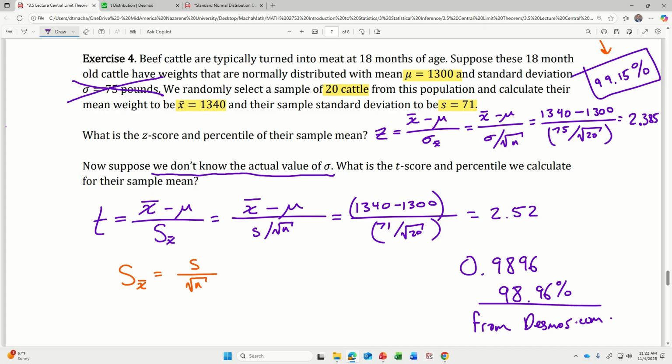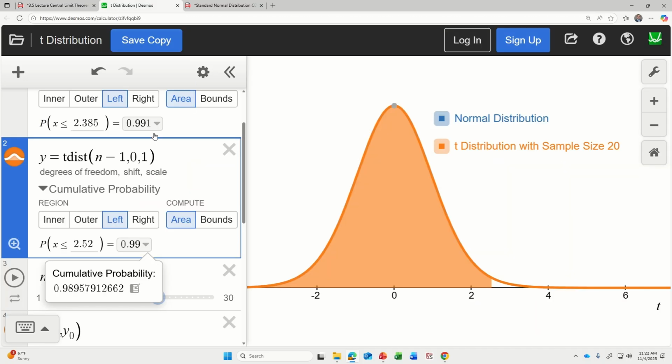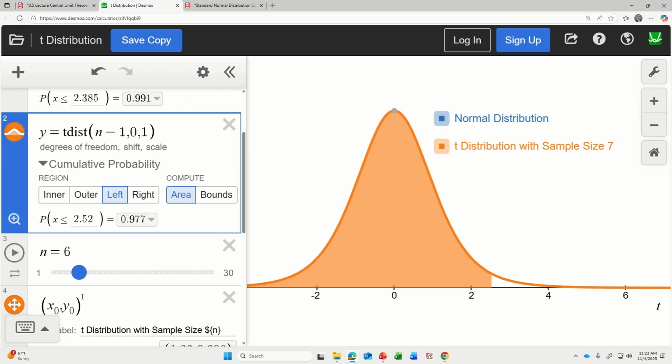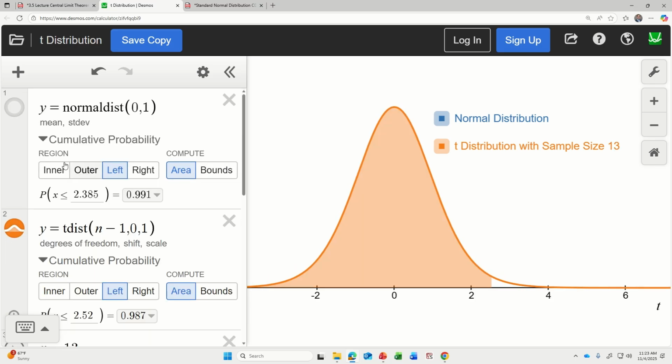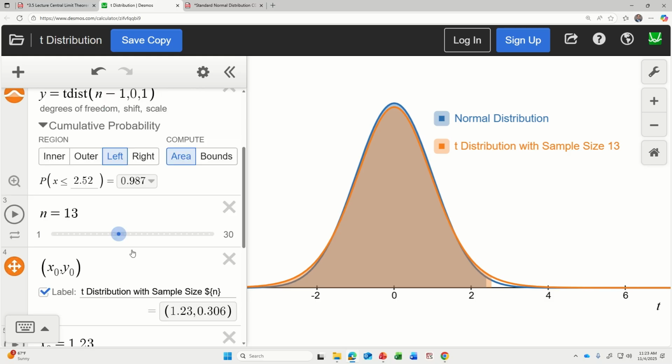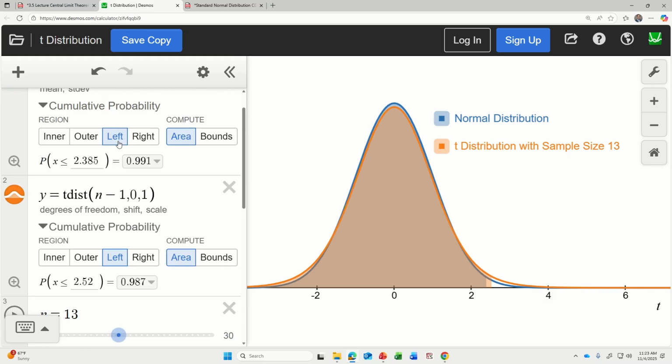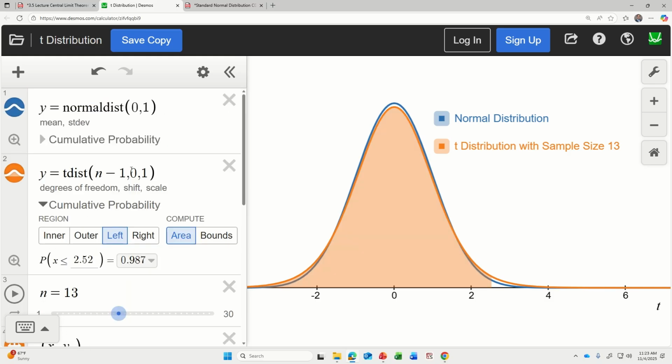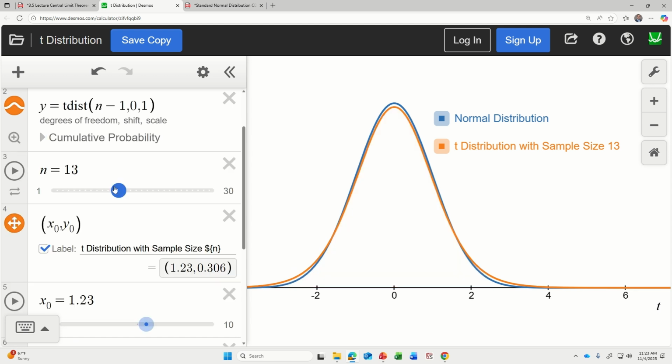But here's what I mean whenever I say the t-distribution is kind of crappy. Notice that there's not just one t-distribution, but every time I change my sample size, I get a different t-distribution, right? Like as many different sample sizes as there are, you get a different t-distribution.